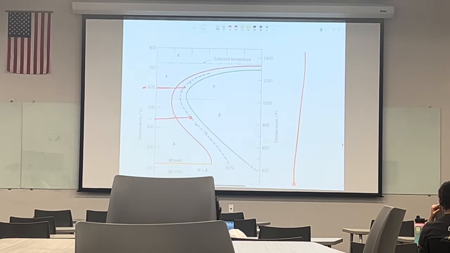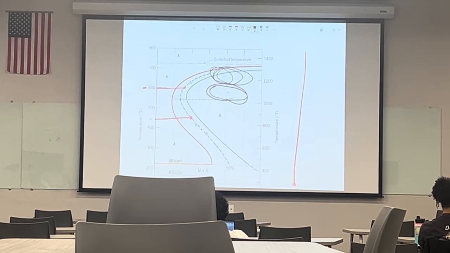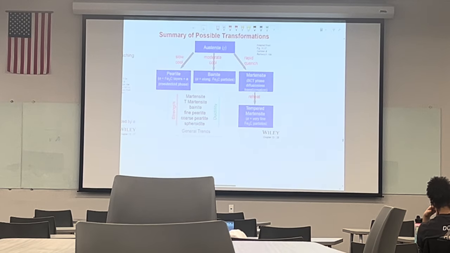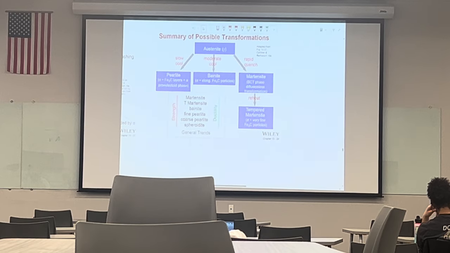Coarse pearlite happens when the temperature is closer to the eutectoid temperature, so it happens in this area, and fine pearlite is here. According to this, fine pearlite is going to be stronger than coarse pearlite, and coarse pearlite is stronger than austenite. But the ductility is reversed.